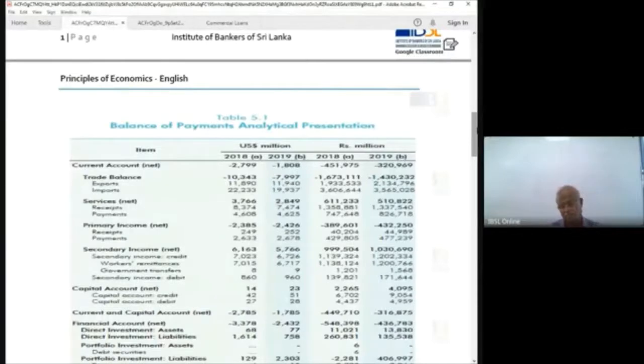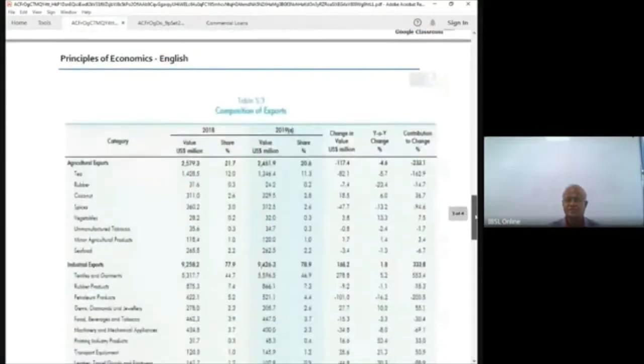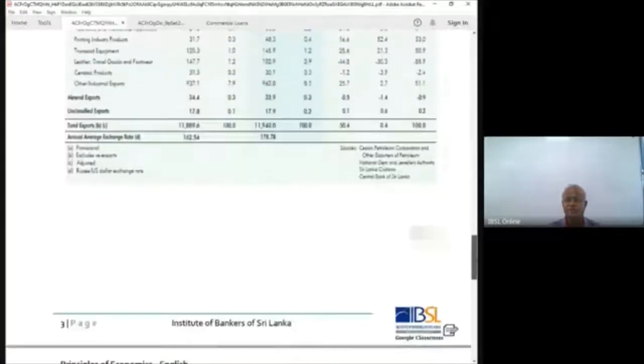Chapter 5 is about external sector performance, external sector developments and policies. I have copied this from the 2019 annual report. How many tables have I copied?